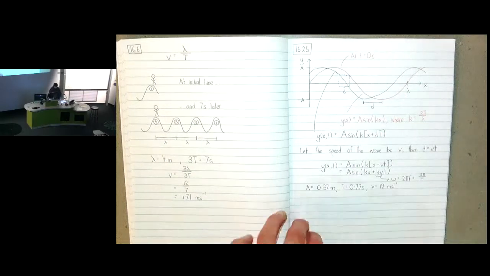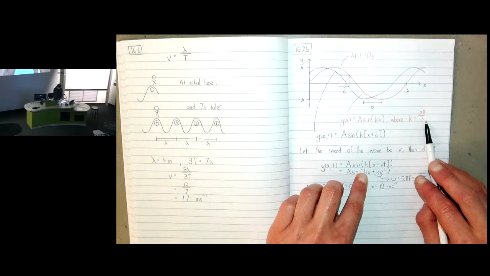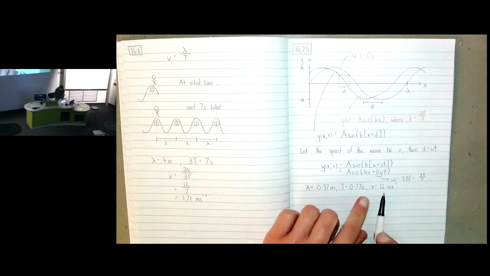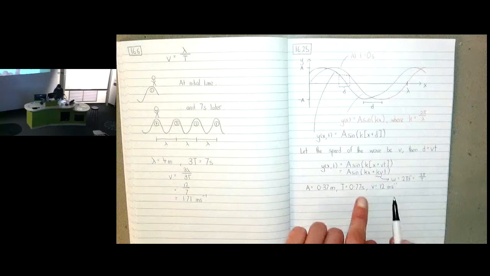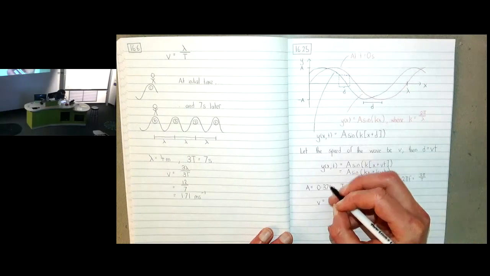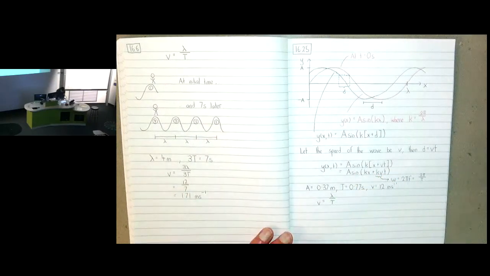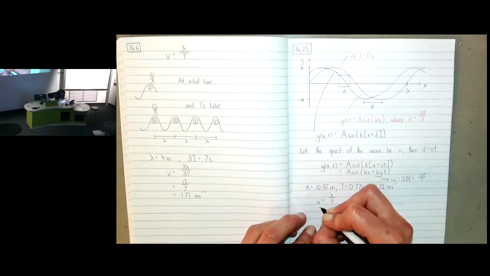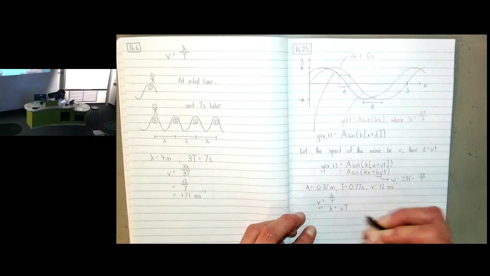I'd say the first thing we should calculate is this wave number, which requires that we know what the wavelength is. And we haven't actually been given that. But let's remember that in one period, a travelling wave will move one wavelength. So the speed of a travelling wave is equal to the wavelength divided by the period, exactly what we have over here. Since we're given this and that, we can rearrange and figure out the wavelength: it's the speed times the period.